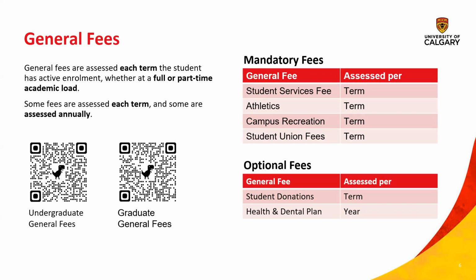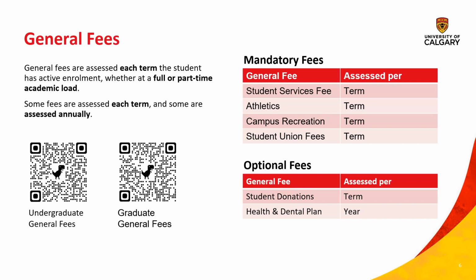The student services fee here funds things like the Wellness Center, student success, and even enrollment services ourselves. The student union fees fund various programs offered through the SU, like the radio station or the newspaper, or their law programs, or their volunteer programs.